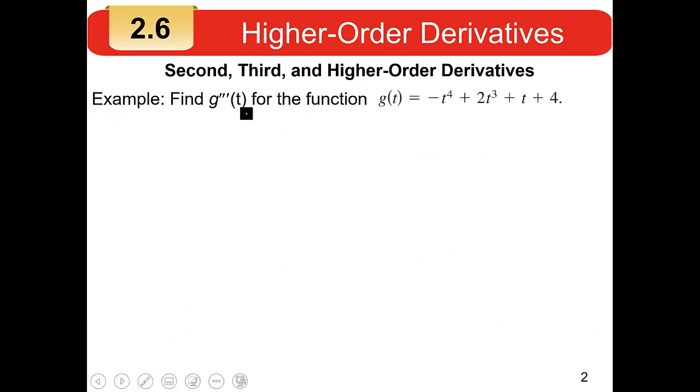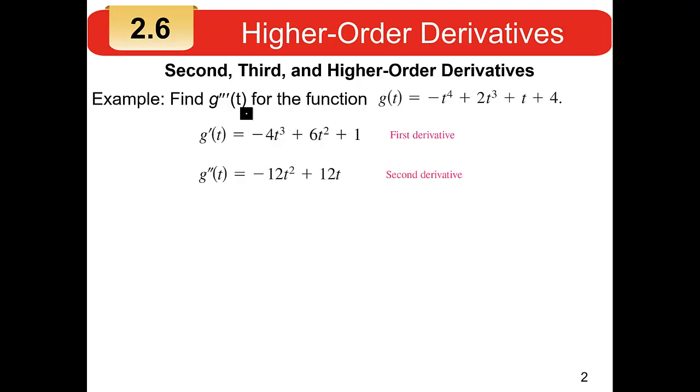For example, I could ask you to find g triple prime of t for the function g of t equals negative t to the fourth plus 2t cubed plus t plus 4. To do that, you would have to go through finding the first and second derivatives, and you'll eventually end up with the third derivative. So just using the rules you've learned so far, the derivative of g of t, g prime of t, is minus 4t cubed plus 6t squared plus 1.